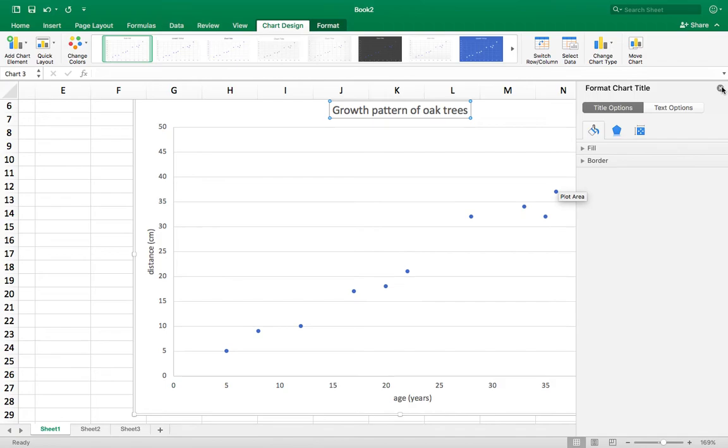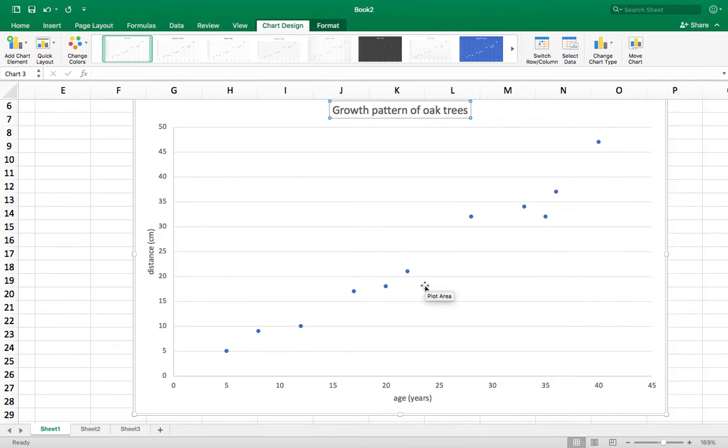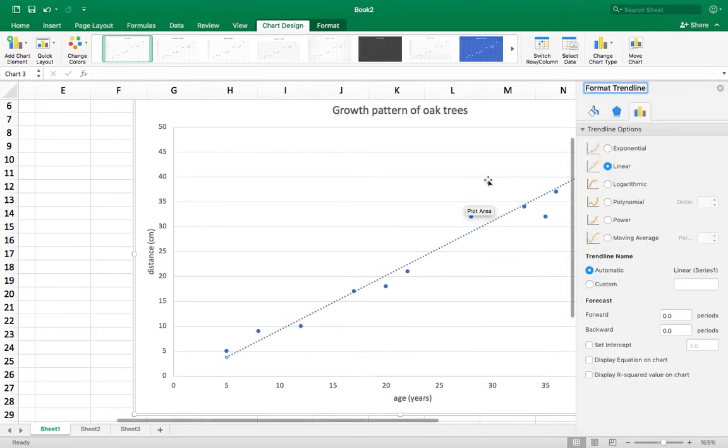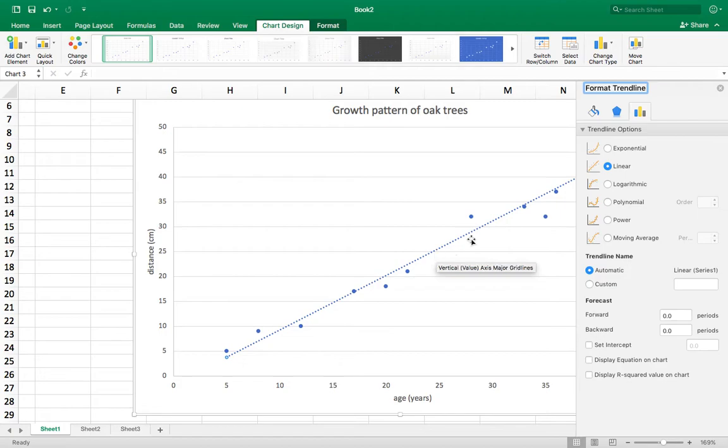So what I need to do to find the equation of best fit is click on one of the points, right click, and say add trend line. Now I have different kinds of trend lines here. I'm going to pick the linear one because I see that this is kind of a linear growth. It's already picked here.